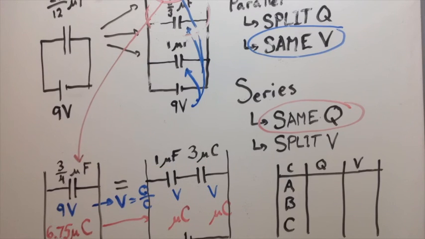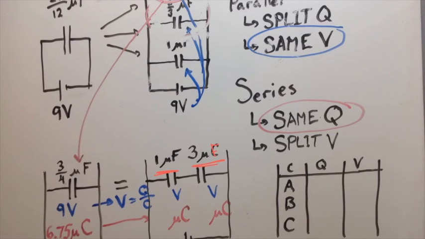Well, now we got to move on to the 3/4 microfarad capacitor up there. This last branch up at the top that we haven't yet dealt with. Which, if you recall, was composed of the 1 microfarad capacitor and a 3 microfarad capacitor. I'm talking about another layer back in our simplification.